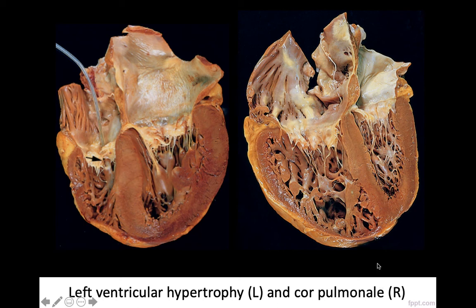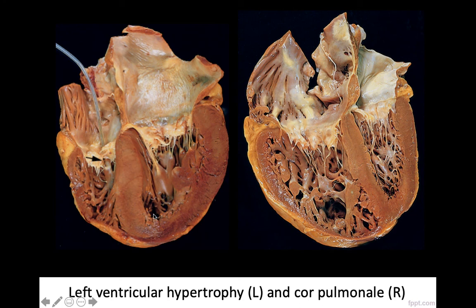So you're looking at this one here on the left side. This is left ventricular hypertrophy. And then here you have right ventricular hypertrophy. So you have the muscle getting larger, even in the septum, than it's supposed to be, and one of the outcomes of that is that the ventricle itself is actually much smaller.